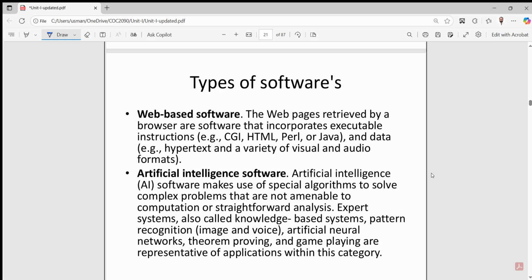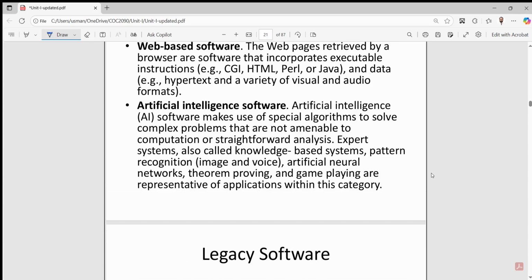Now, another field of software is called artificial intelligence software, like ChatGPT. ChatGPT is a generative AI based software where you post a text and it will generate an answer for you. These have special algorithms to solve complex problems that are not amenable to computation or straightforward analysis.